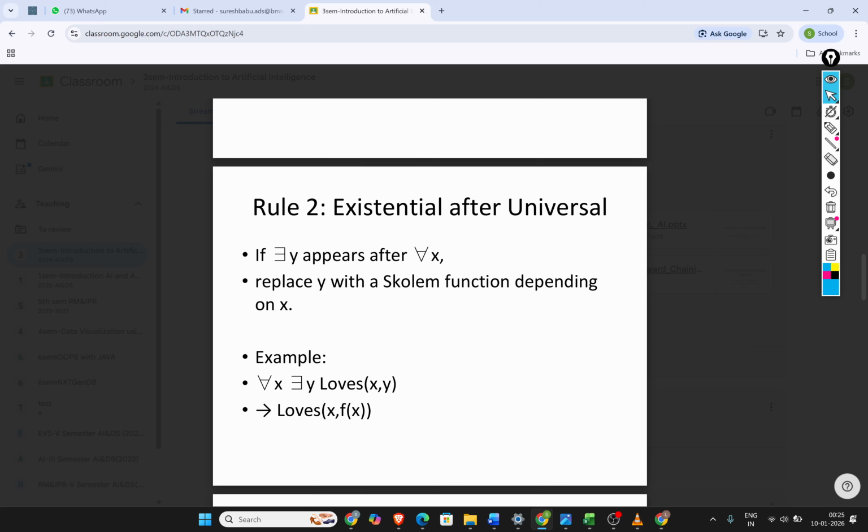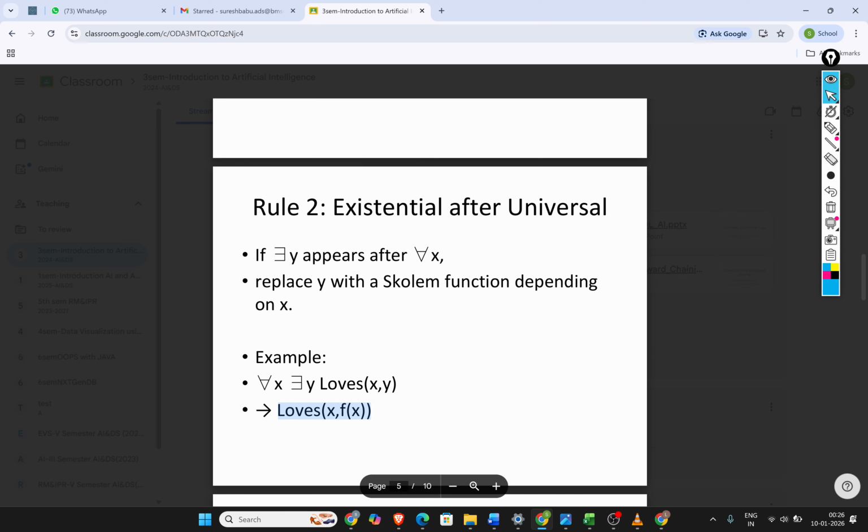Somebody might doubt why we replace only y instead of x: because we want to remove the existential quantifier. So we replace it as x loves f of x. Instead of the y variable, we write f of x, not f of y. You have to remember this. You make it f of x, and that becomes our Skolem function.